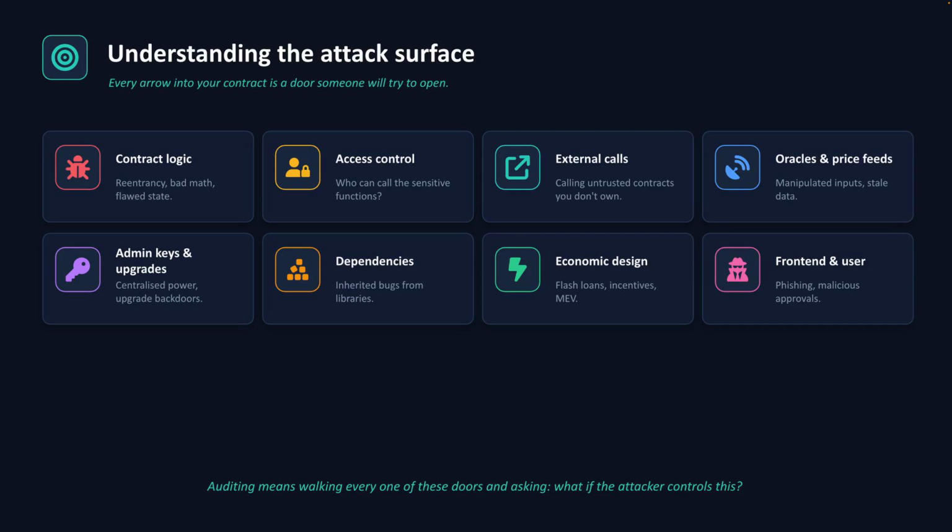If your smart contract depends upon oracles, what if the oracle gets manipulated? Admin keys and upgrades. It gives centralized powers and upgrade backdoors. This has happened in the case of the Treat token, wherein the admin keys were still with the older developer, and they rebased the entire Treat token.